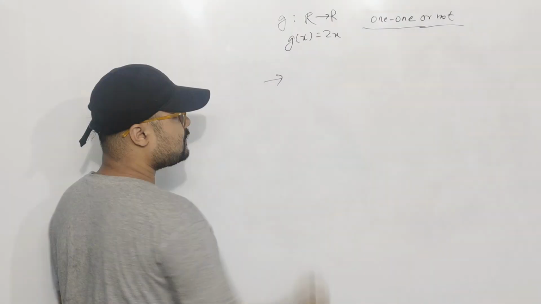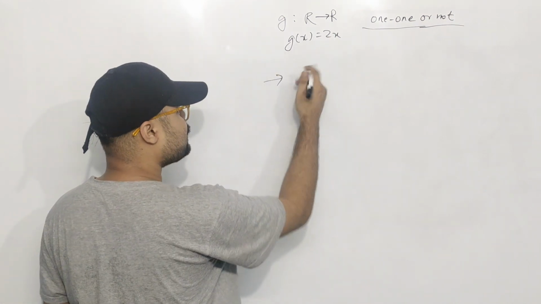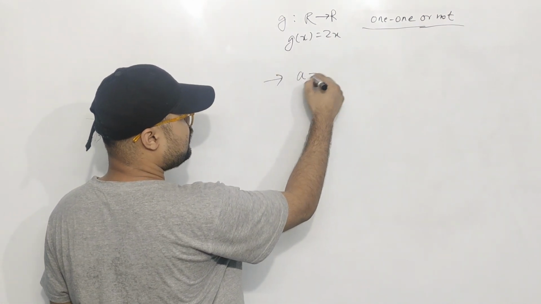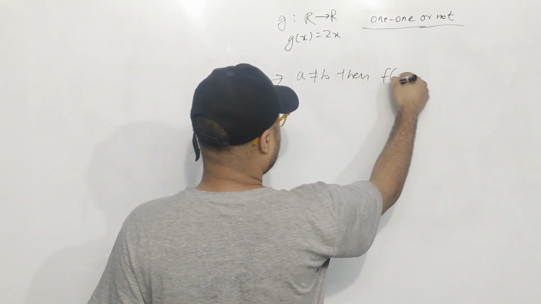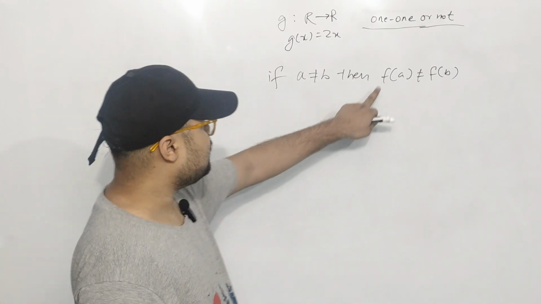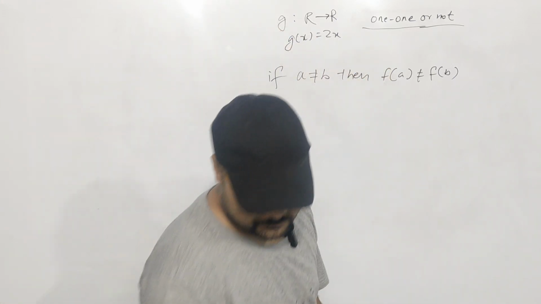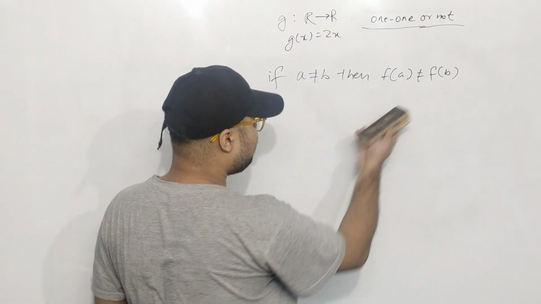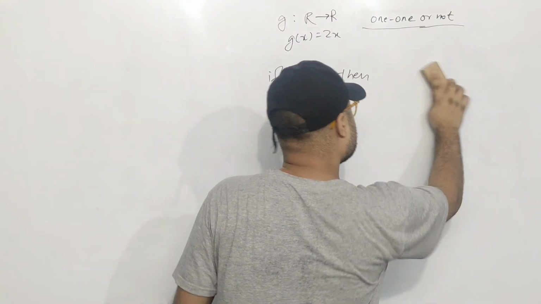So what we can say about 1-1, number one, is that if function g is 1-1, it means that if a is not equal to b, then f of a is not equal to f of b. This time I'm taking g of x, so let's do g of a. My function name is g.